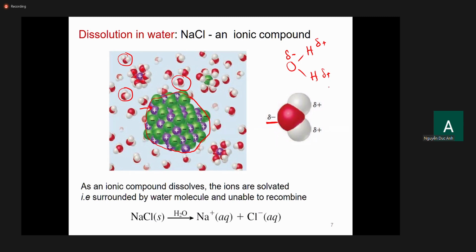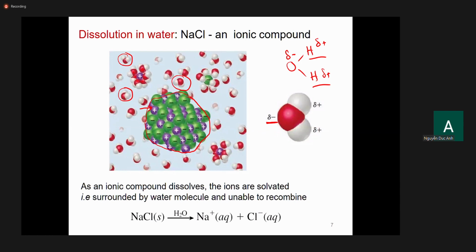A similar thing will happen for the chloride minus ions. The chloride minus will be surrounded by the positive part of the water, or the hydrogens of water. So hydrogen will go closer and be attracted by the electrostatic force to the chloride minus, and when the number of water molecules is high enough, they will make the bond between the chloride and the sodium in the crystal weak enough to let the chloride go out.